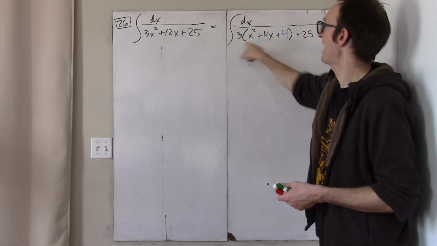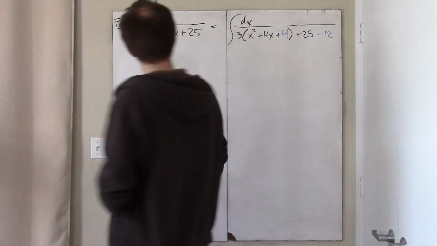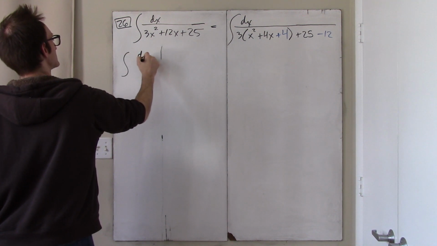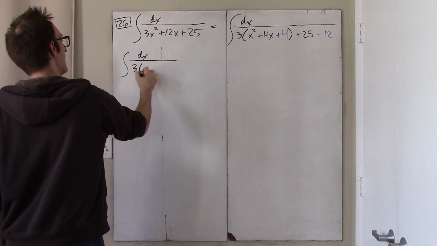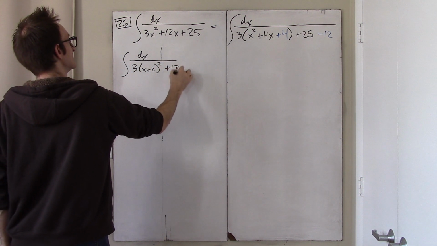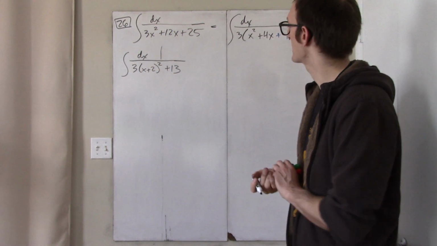So I just added 12, so I have to subtract 12. Okay, what do I get? I get dx over 3 times x plus 2 squared plus 13.